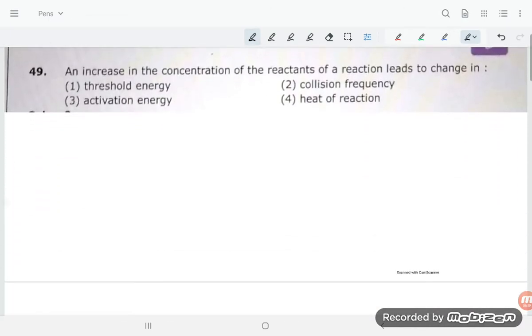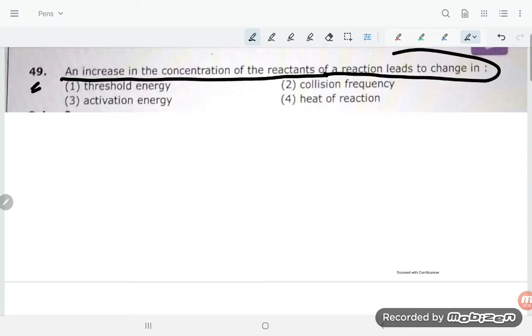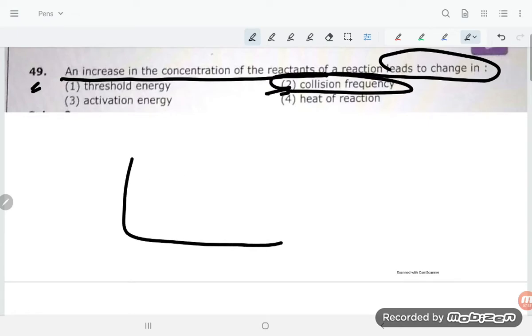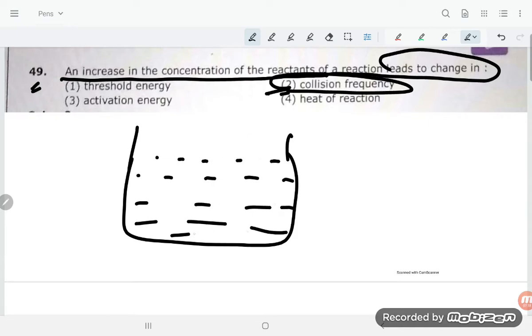Now let us see, student, question number 49. An increase in the concentration of reactant of a reaction leads to change in. So if the concentration of the reactant is increasing, collision frequency will increase, student, because if you see in the container, if so many reactants are there, the reaction will proceed at some certain temperature.